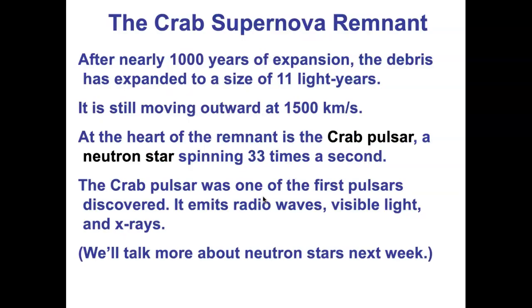And you can figure out that this gas is still expanding away at like 1,500 kilometers a second. 1,500 kilometers, that's about 1,000 miles a second. After 1,000 years, this gas is still expanding outward at 1,000 miles a second. And at the very center is the neutron star, what's called the Crab pulsar.